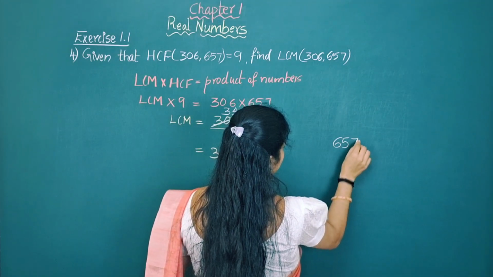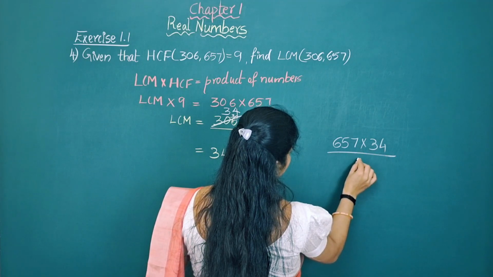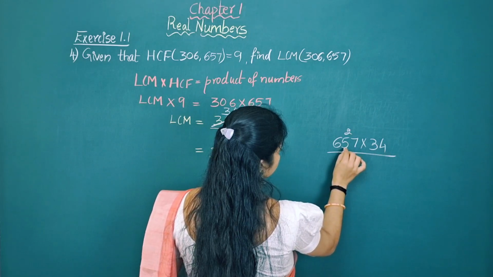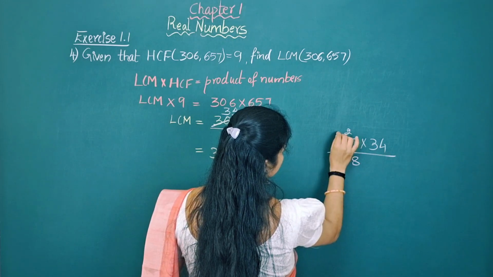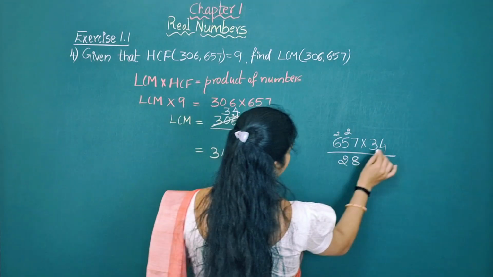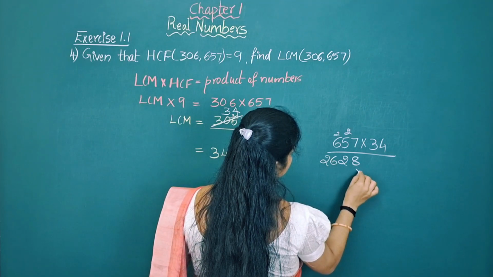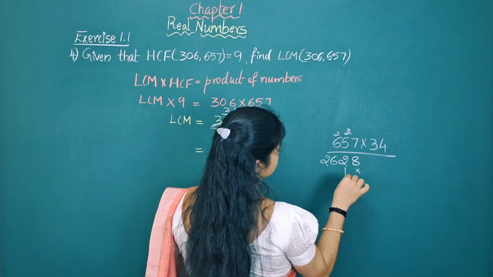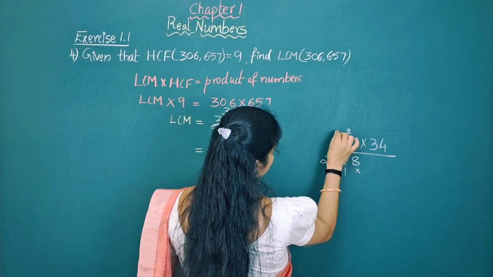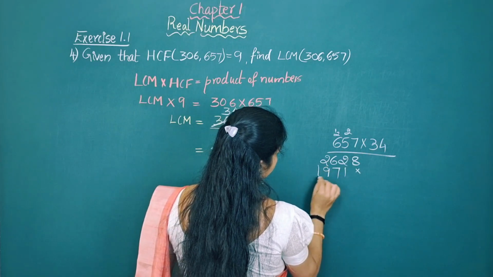So 657 into 34. 7 4s are 28. 4 5s are 20 plus 2, 22. 6 into 4, 24 plus 2, 26. 3 7s are 21, 2 in hand. 5 3s are 15, 16, 17. Now 1, 18 plus 1, 19.